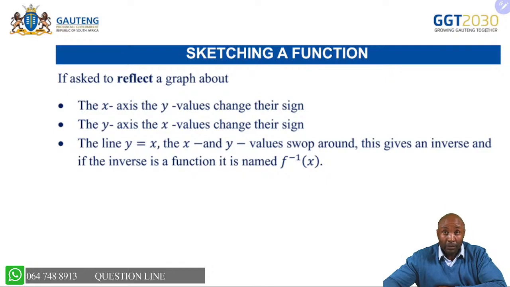You should be able to see that as you reflect about the given axis, you will see as we move along. And we also reflect about the line y is equal to x. That one, we give it a special name, because if you have f of x and you reflect f of x about the line y is equal to x, you get the inverse of f of x.